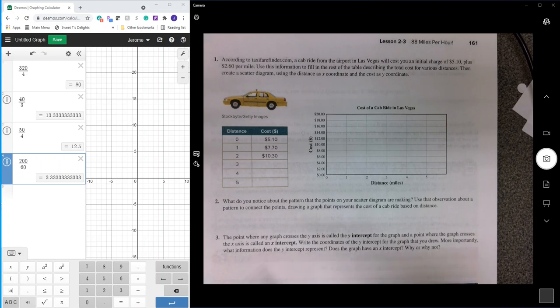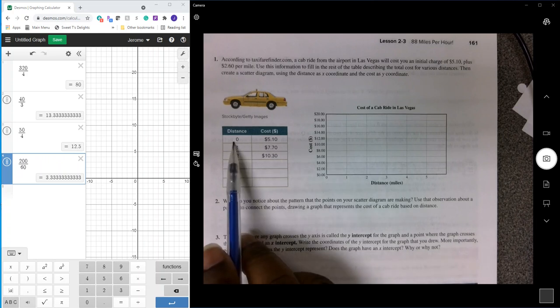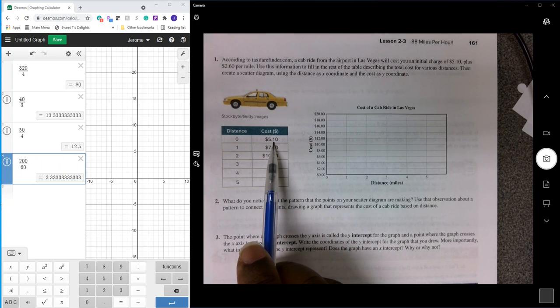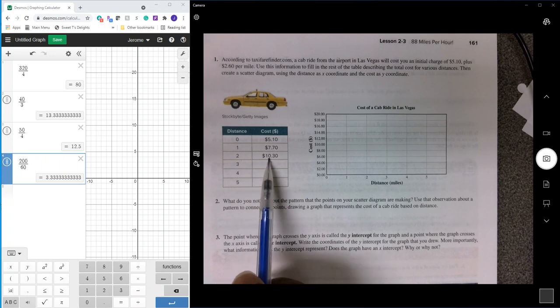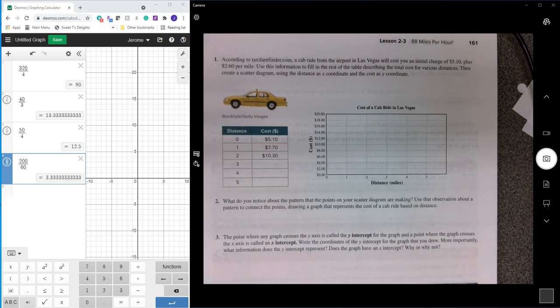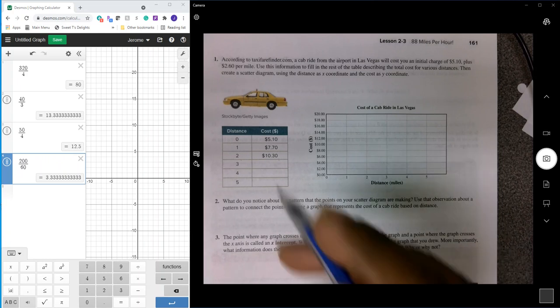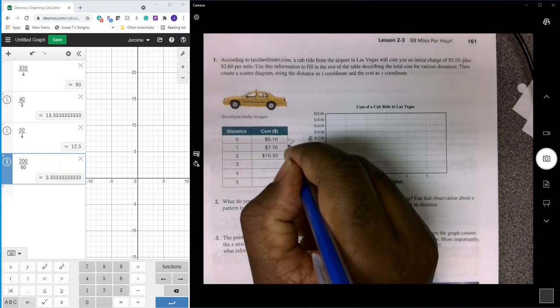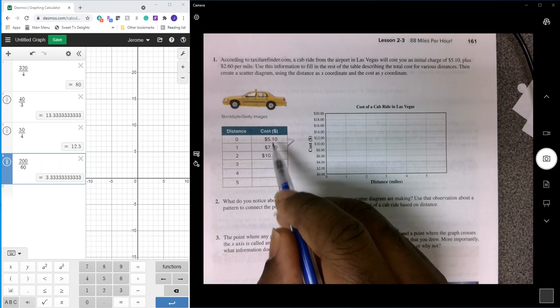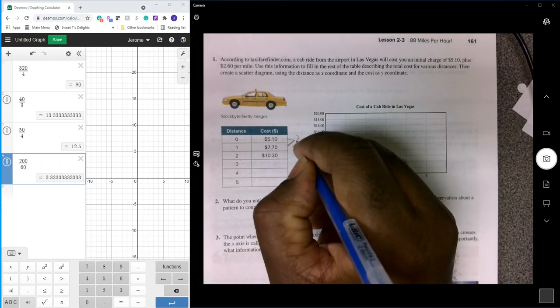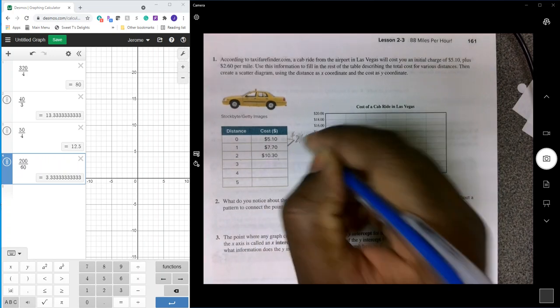Okay, now, so for 0 miles, you would be charged $5.10. For 1 mile, you would be charged $7.70. For 2 miles, you would be charged $10.30. Now, this is what we could do. Let's see the difference in cost here. 770 minus 510 is $2.60.